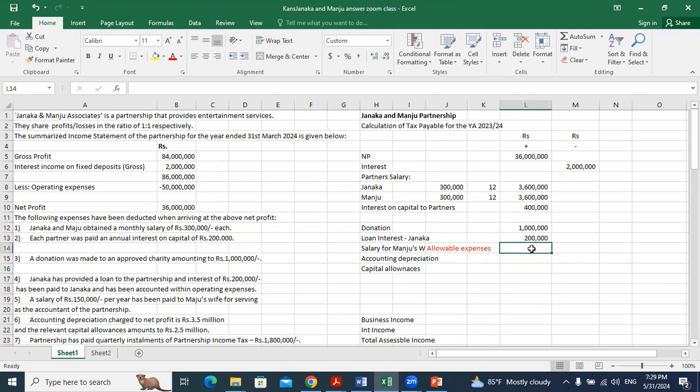So you'll have to raise your question and get clarifications if required. Yes, there is a question. It's per month? Janaka has salary per year. Yes, per year. It need not be multiplied by 12. That is very correct. It is per year.